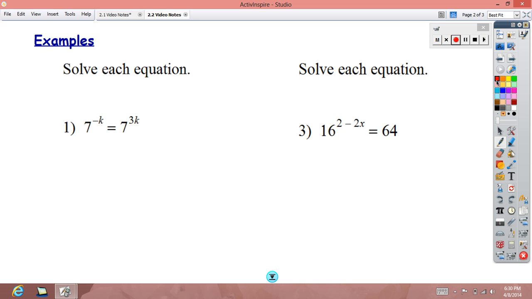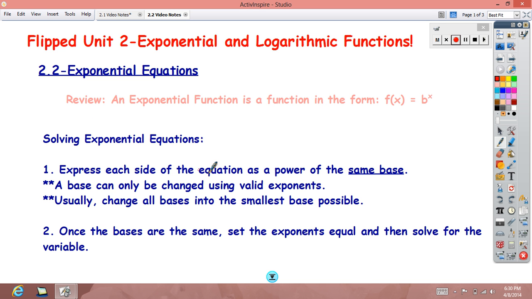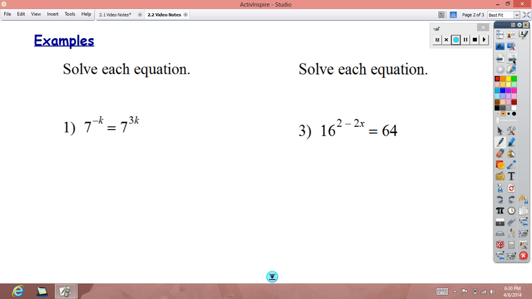What I have here are 7 to the negative k and 7 to the 3k, two exponentials. Our goal was to express each side of the equation as a power of the same base. You'll notice here that I do: 7 and 7, the bases are the same. If they're not the same, that's when we have to change them.